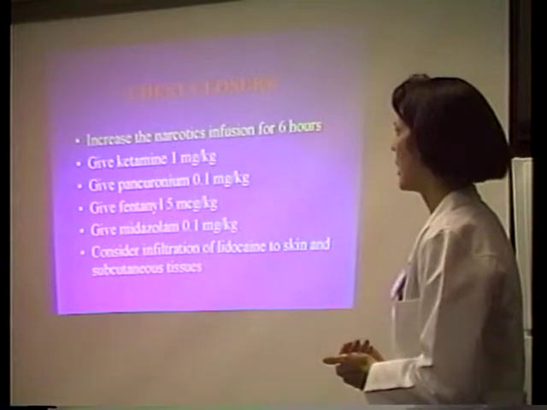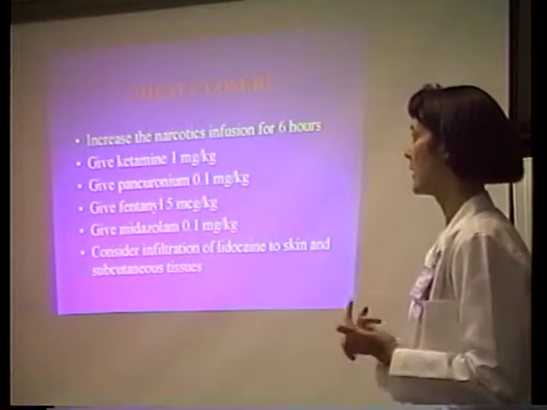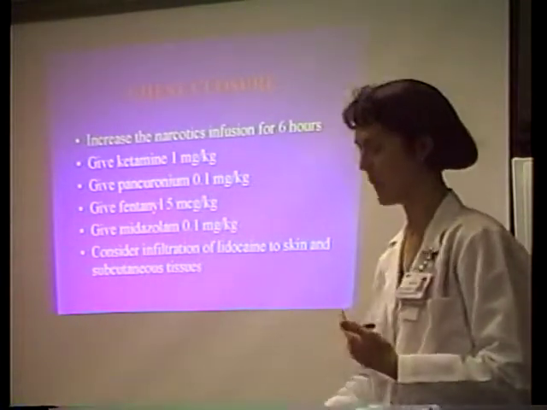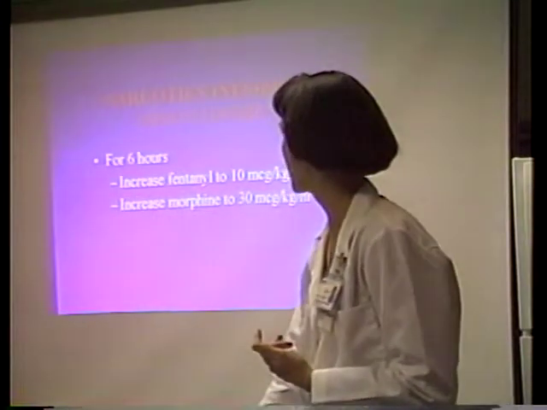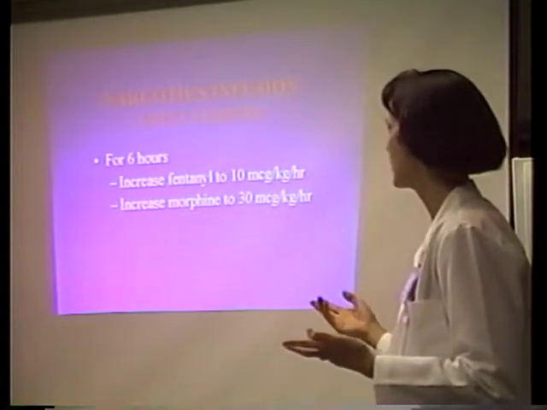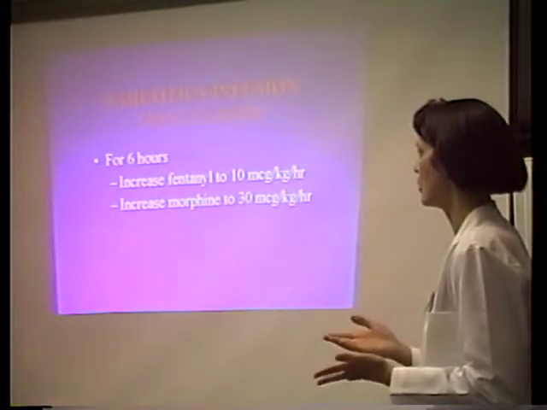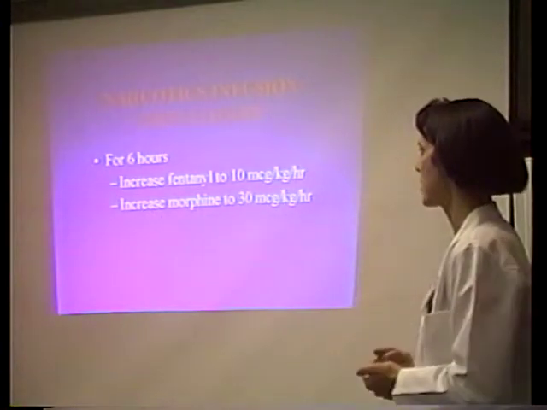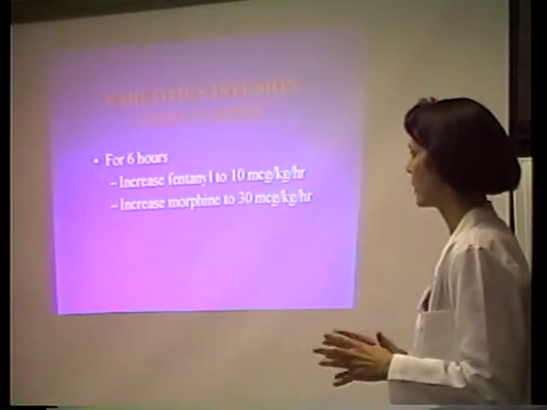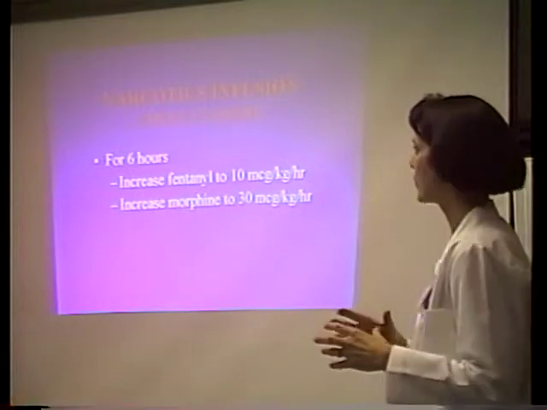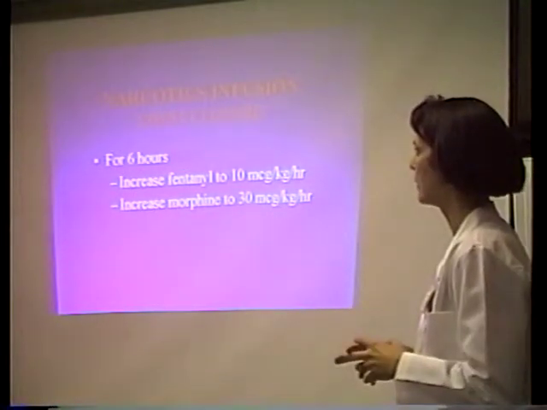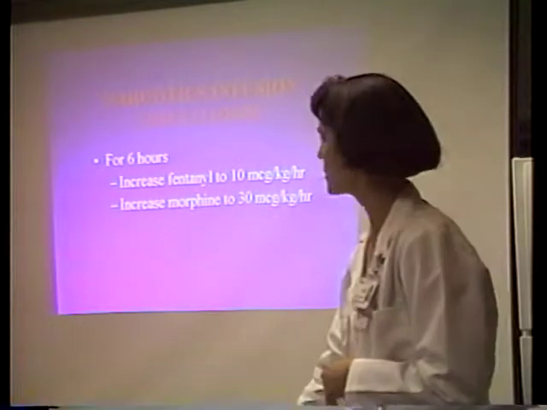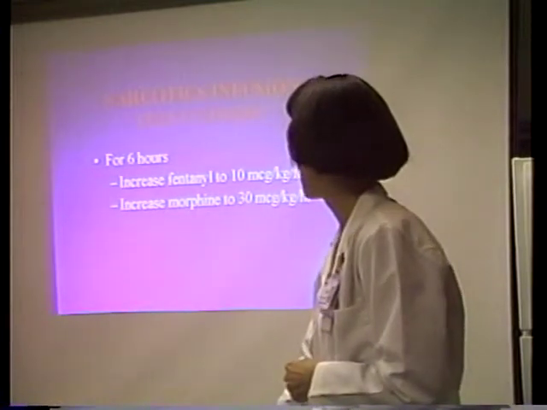So I think it'd be a good idea to increase their baseline level of narcotics going in. If your fentanyl's down low, I'm not sure how low you get, go back up to 10 mics per kilo per hour for the 6 hours around the time of the chest closure. And increase your morphine to what we do in the operating room, 30 mics per kilo per hour.